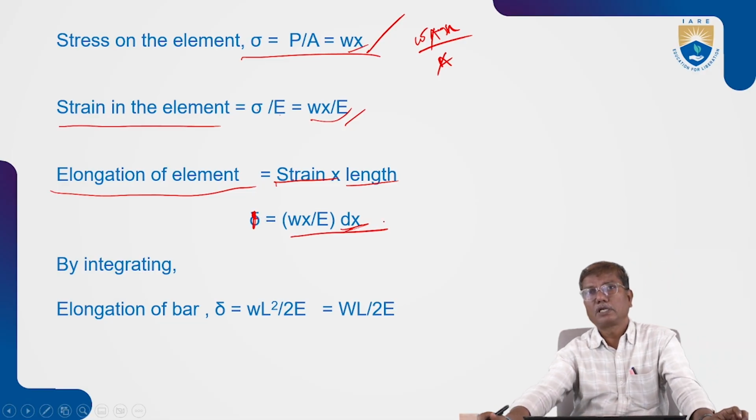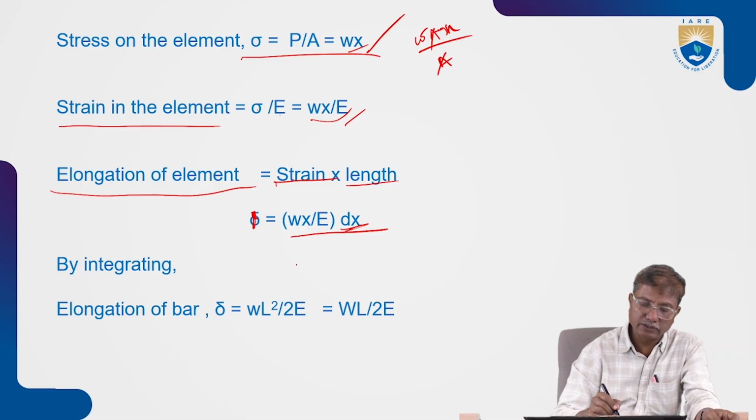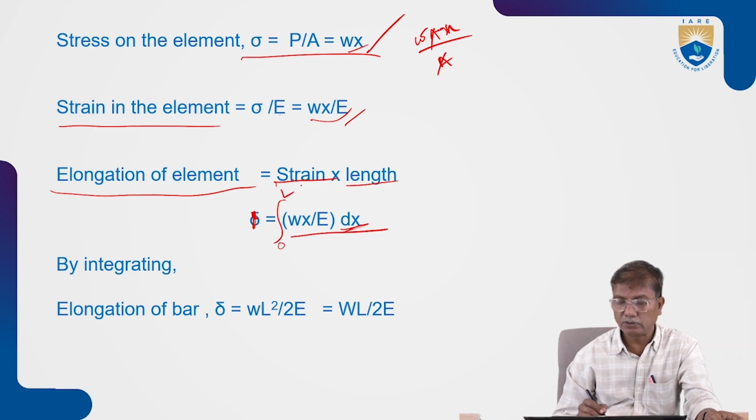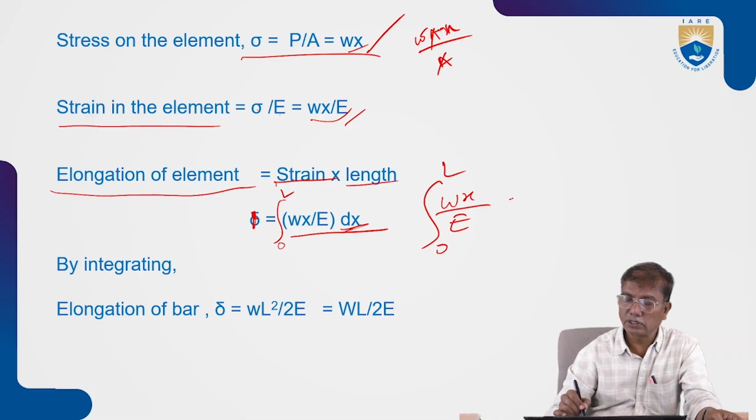How will you get the total elongation? Total elongation of the bar is obtained by integrating this, between the limits 0 to L. Integration of Wx by E dx between the limits 0 to L.